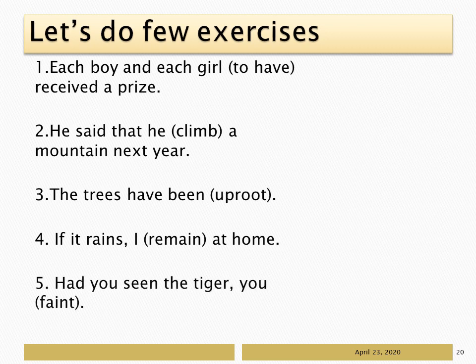Number 5, had you seen the tiger, you faint. Had you seen or if you had seen, both are the same. So it has auxiliary verb had and past participle of main verb seen. So it belongs to third condition.